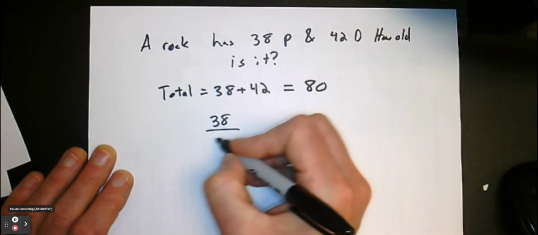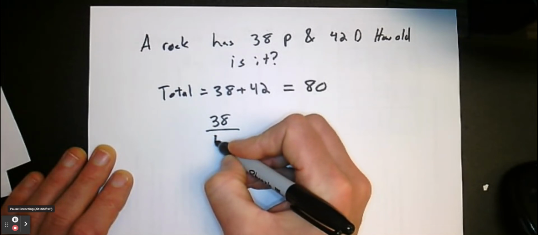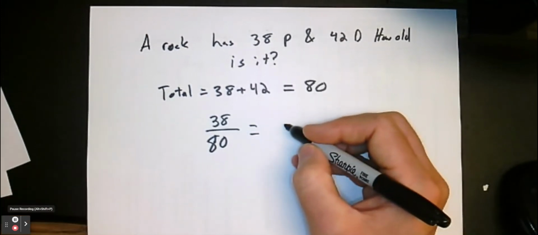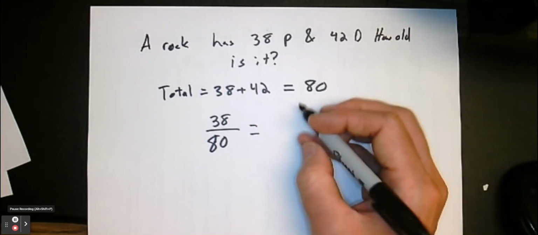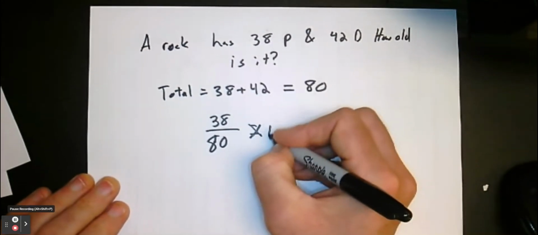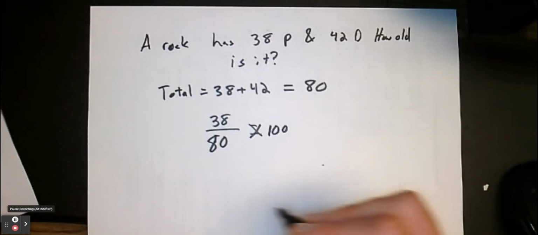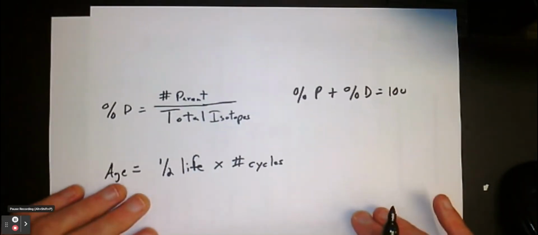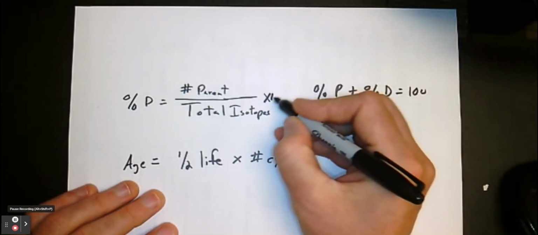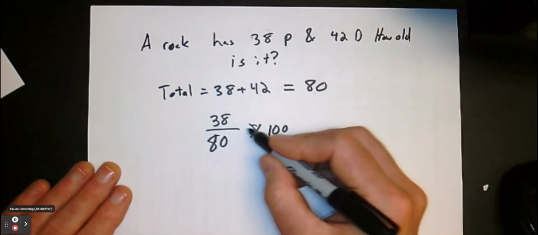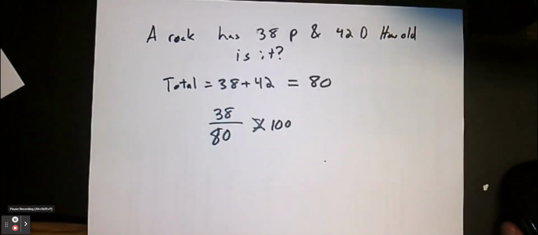So 38 divided by 80, and then you multiply that by 100. I didn't write that on the formula. Percent parent is like that. You've got to make sure you multiply that by 100. 38 divided by 80 is going to be a little bit less than 50%.